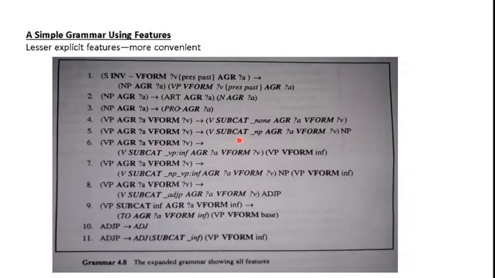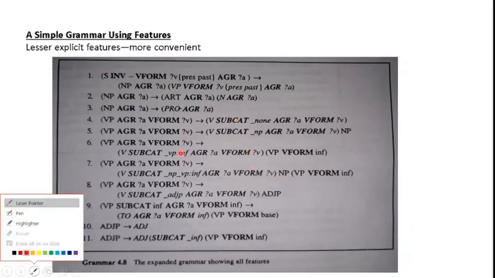So if we can include fewer explicit features, that means if some implicit rules say that this part of the rule has all these features and all these values, then from the writing or from the representation we can remove those features and their feature values. So we are going to see whether such implicit assumptions or conventions are possible.